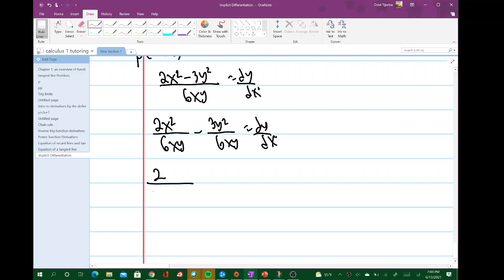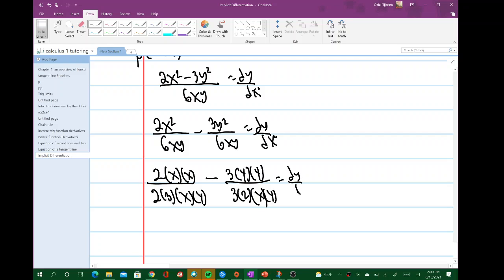And you can simplify it. So 2 times x over 2 times 3 times x times y, minus 3 times y over 3 times 2 times x times y, equals dy dx.